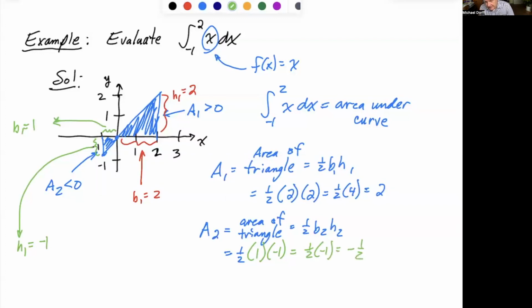And that helps you maybe see why, if the curve goes below the x-axis, the area is negative, because my height there is a negative number. So what is the integral then from -1 to 2 of x dx? Well, it's going to equal A1 plus A2, which is 2 minus 1/2, which is 3/2.